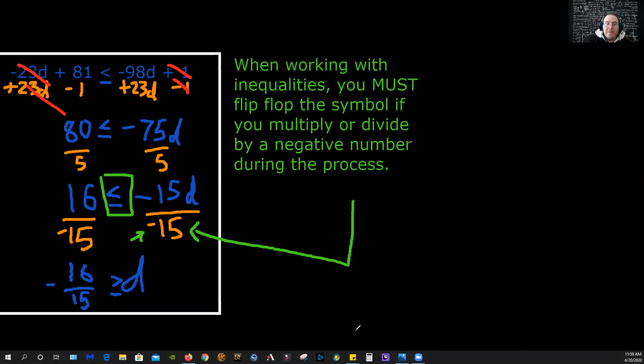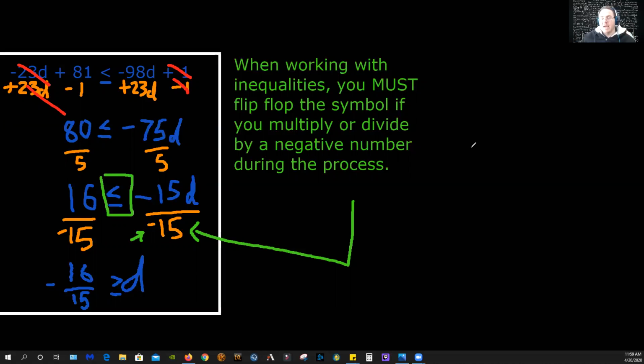That's the law. The moment I divided by a negative 15, my symbol had to flip-flop. Okay? And that is the only real rule here that makes this different from solving just equations. So that is something we're just going to have to keep in mind for the rest of this session, the rest of your life, whenever you're working with inequalities.